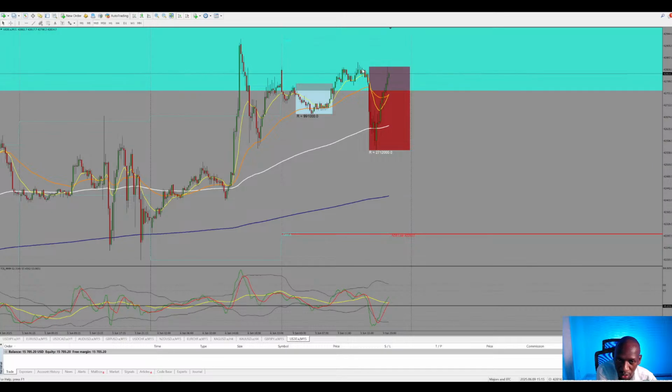So now the question is, will it come and still take out that high, or will it come and take out this low?